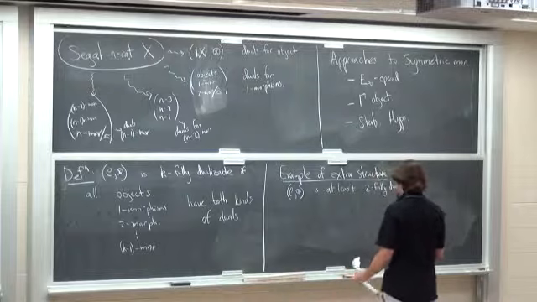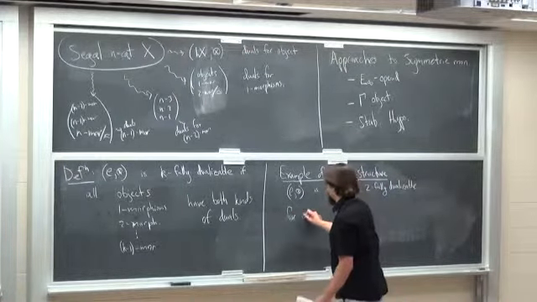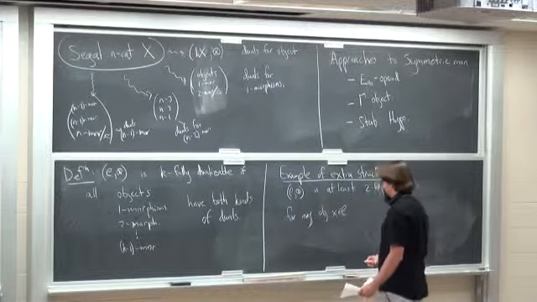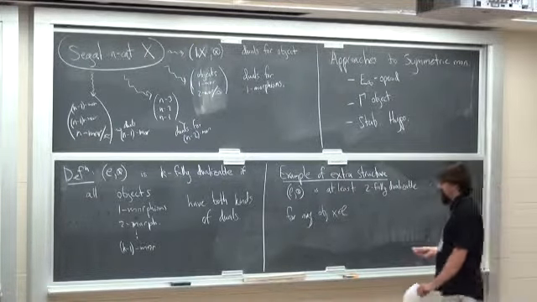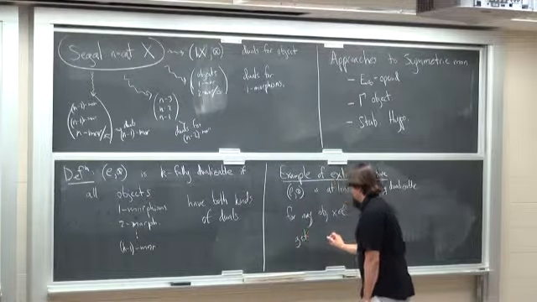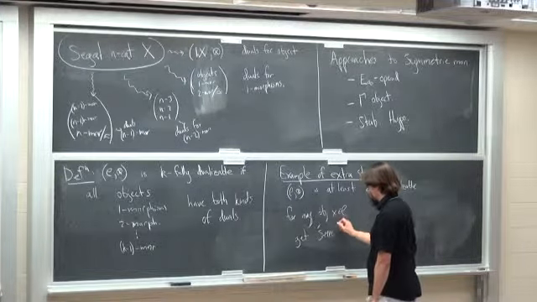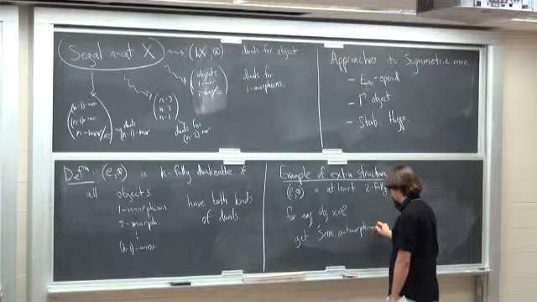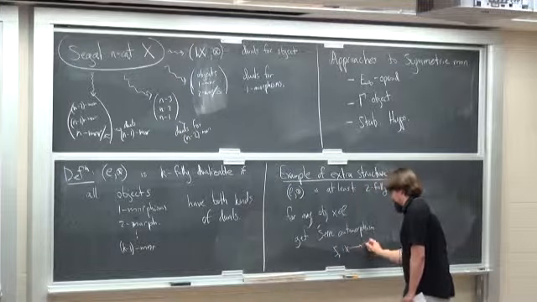Then for any object x, we have a canonical automorphism of x, a canonical map from x to x, the so-called Serre automorphism, which goes from x to x.